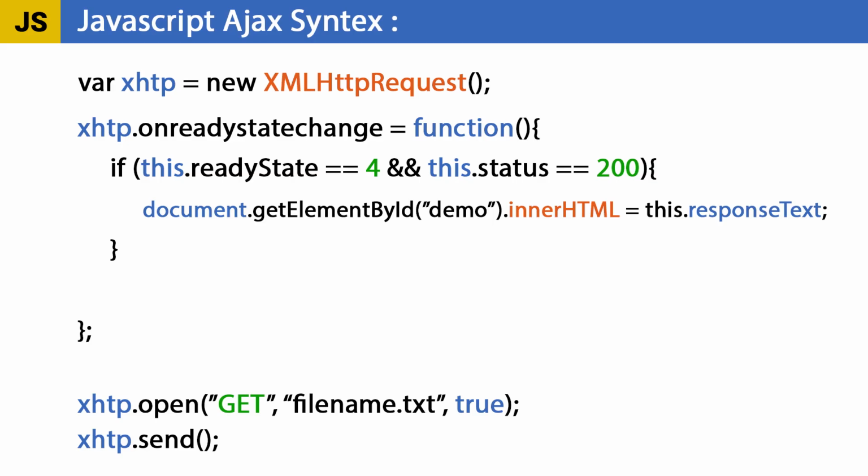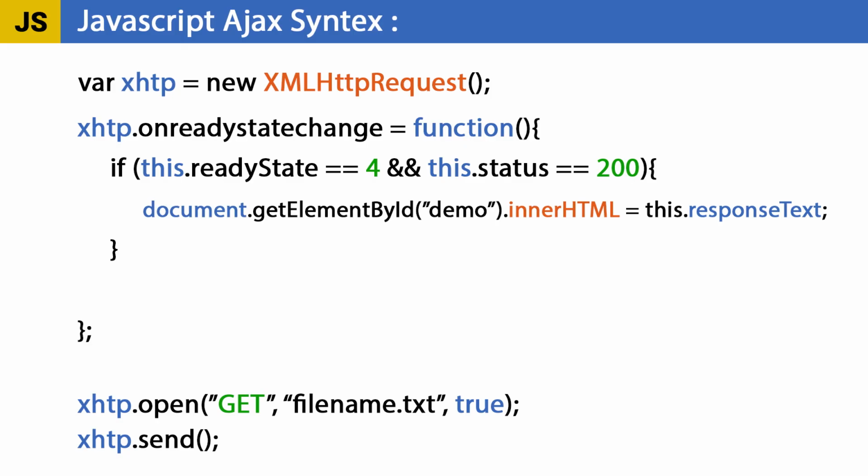Let me explain it once again. First, I'm going to create an object using the class name XMLHttpRequest. It means for our further work, I'm going to use Ajax. And in our open function, we need to define which file I want to open. And also we need to set async mode to true because I don't want to stop my other functions.